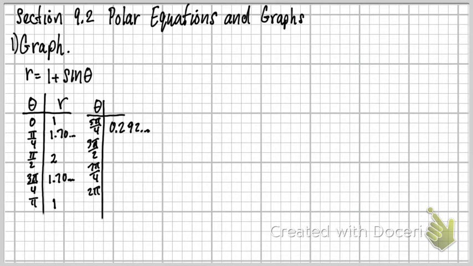Now I'm just doing this on my calculator here. 3 pi halves, I'm going to get 0. And then for 7 pi fourths, I'm going to get 0.292 again. And then for 2 pi, I'm going to get 1. So now all I'm going to do here is I'm just going to graph all these.